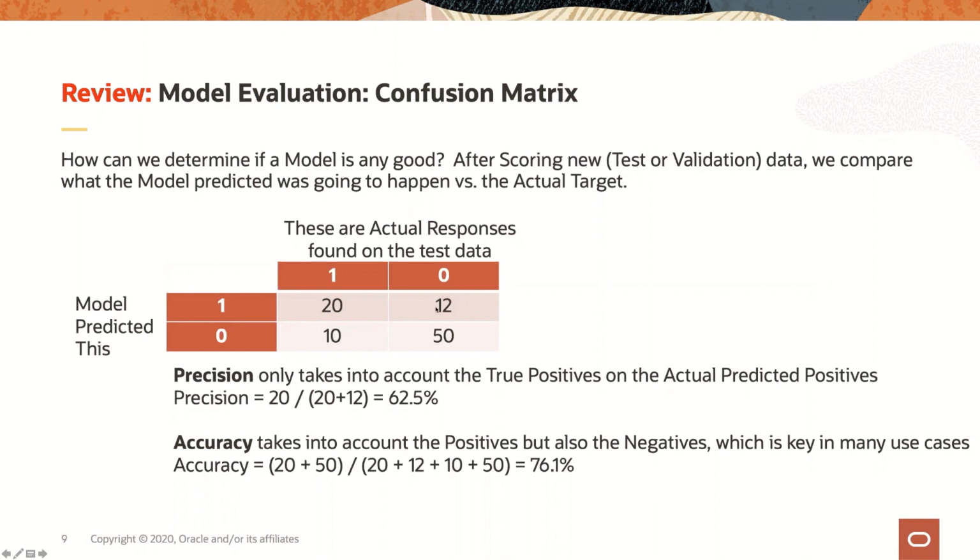But then we also learned about the other mistake, which is the model thinks that this guy is not a responder, this guy is not your target, when he is. The problem is that these two types of errors need to be balanced.